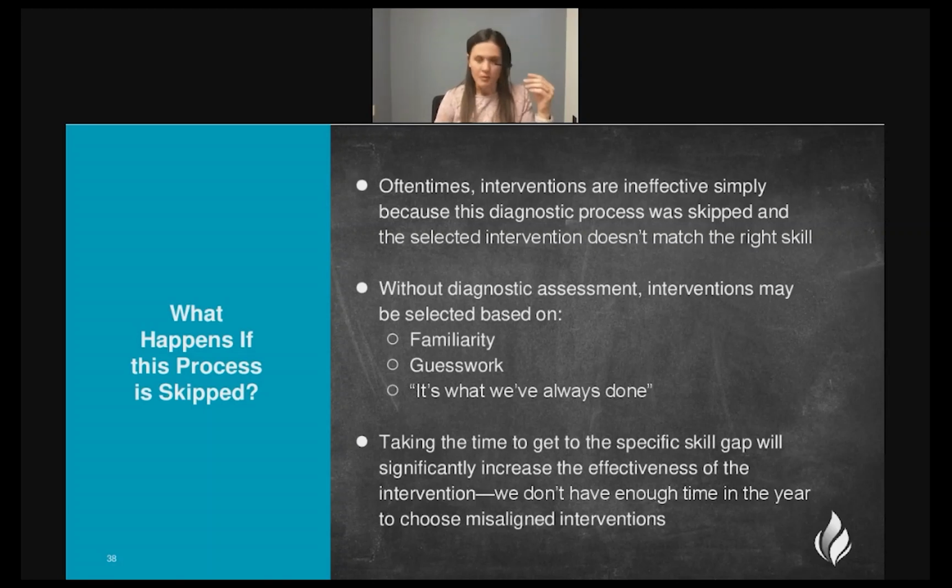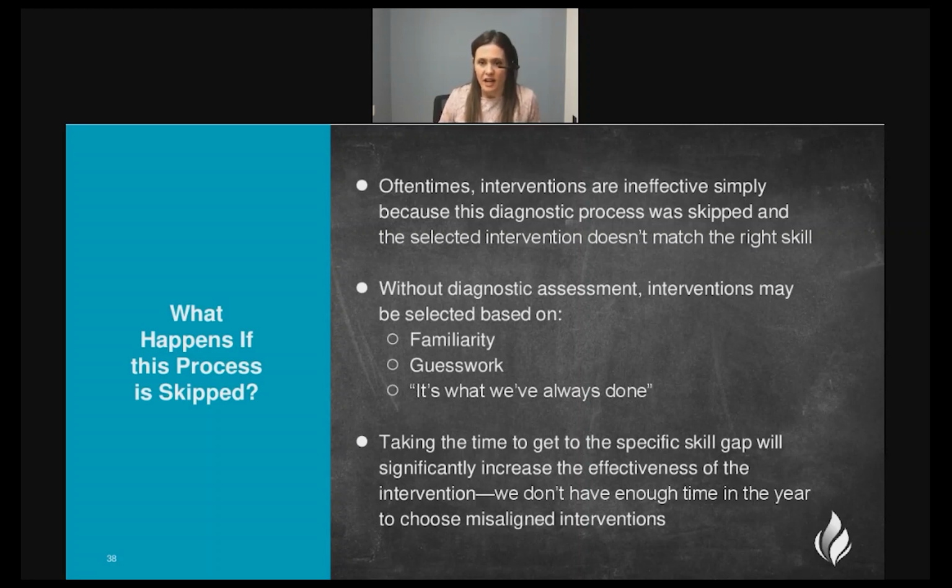Because sometimes we're skipping the true evaluation of the data to ensure that the alignment actually happens. Without that assessment, the interventions, like I said, are going to be based on familiarity, guesswork, or what we've always done. So taking that time to get to the specific skill gap is really going to increase the effectiveness that we see with the interventions.